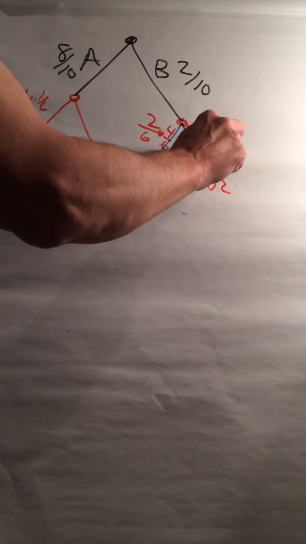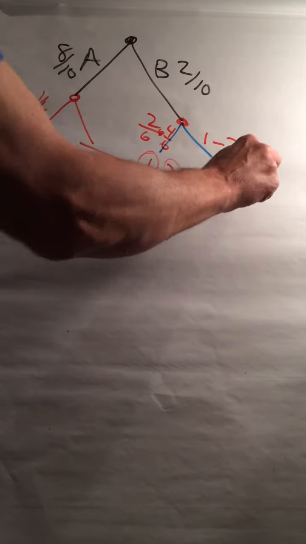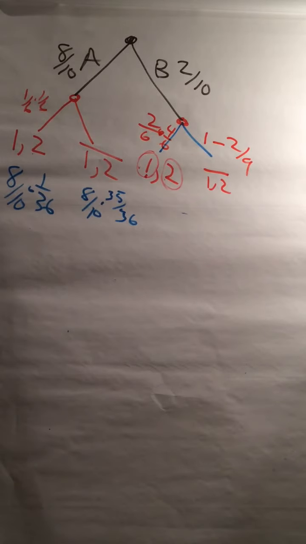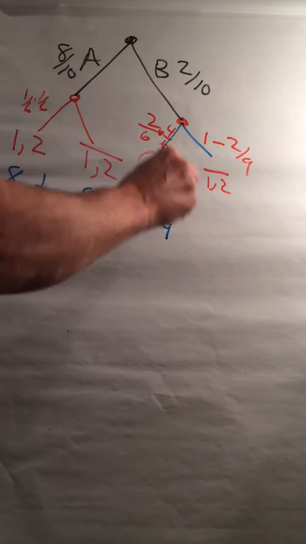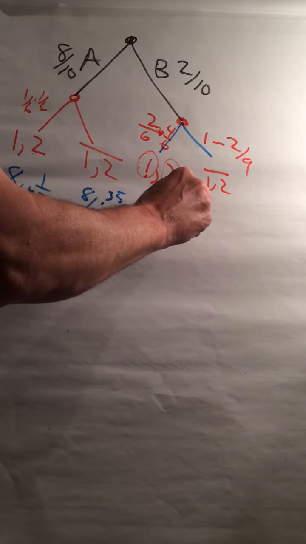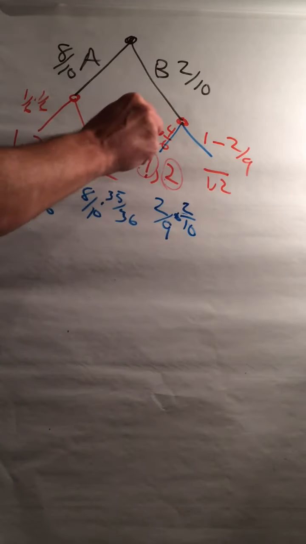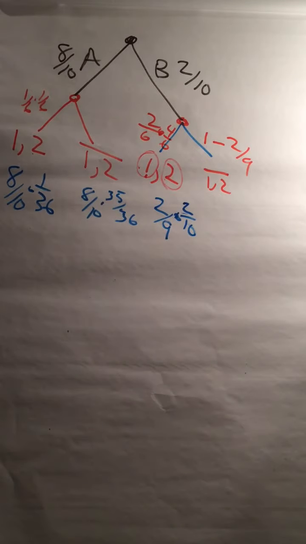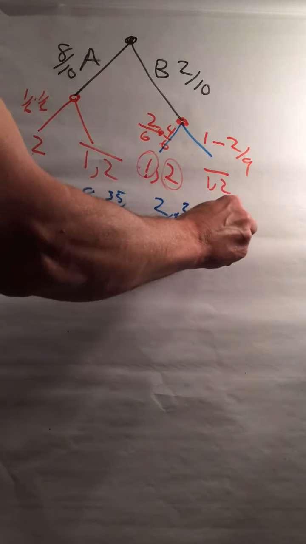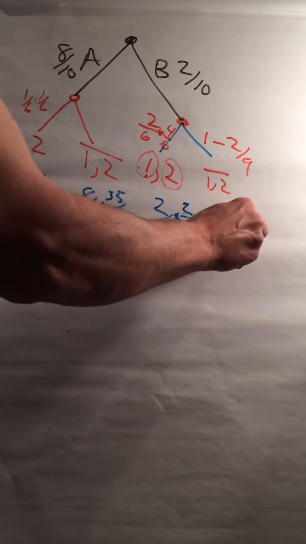So this is 1 minus, and what that is, that's 2/9. So what do we have left? We have 2/9 times 2/10. I just simplified 2 times 4 over 36 to be 2 over 9. And then this is equal to 7/9 times 2/10, 1/5.